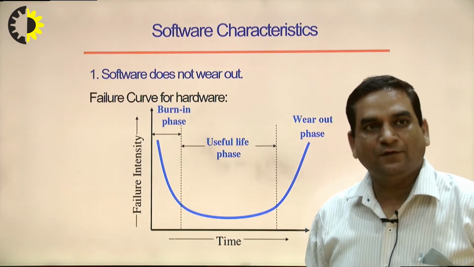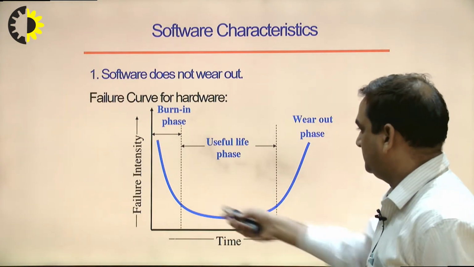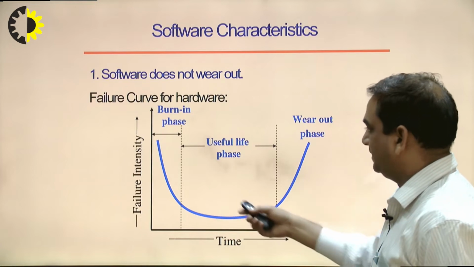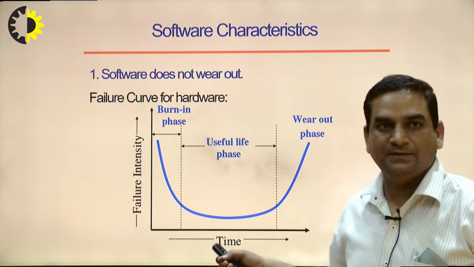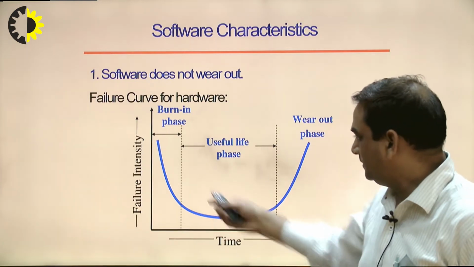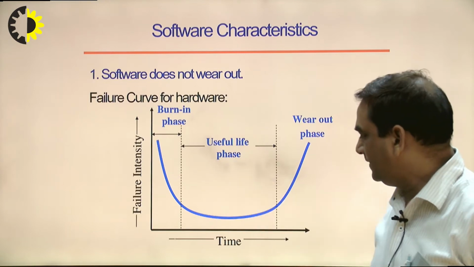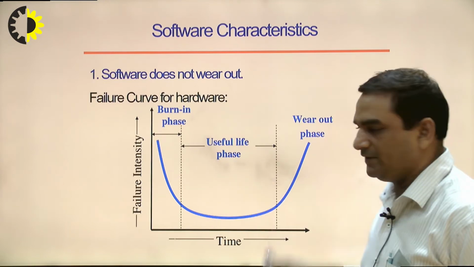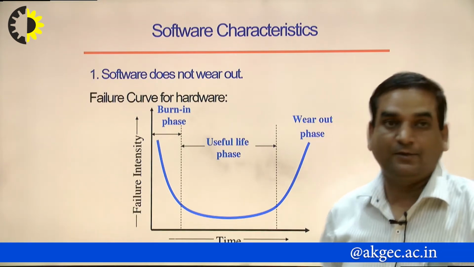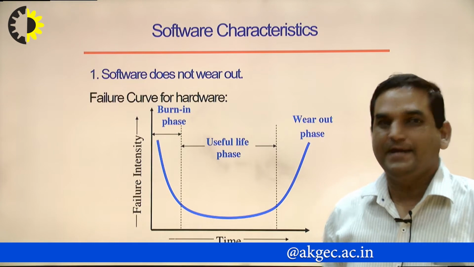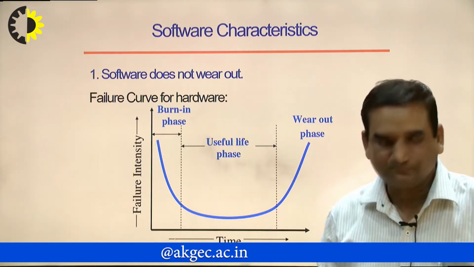But in the case of software, it is not like that. The burn-in phase will be the same, the useful life phase will be the same, but in the wear-out phase, because software does not wear out, this curve will ideally be flat.